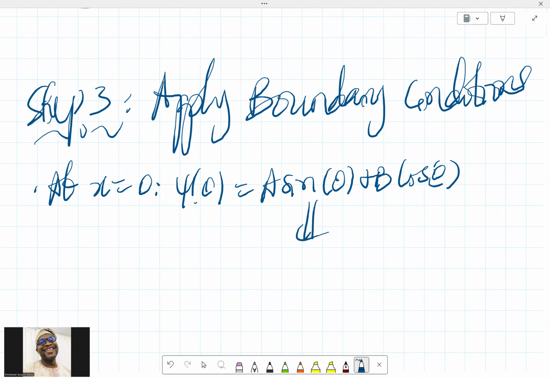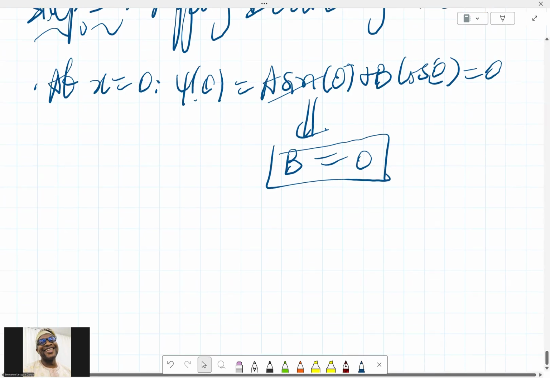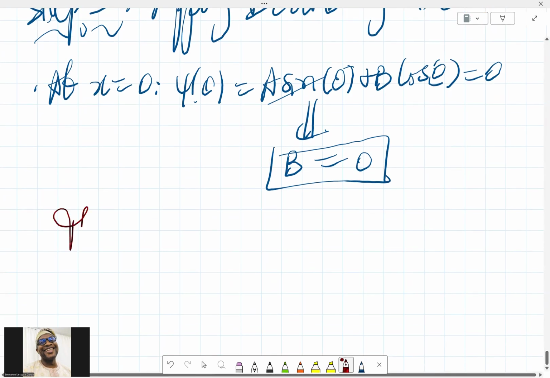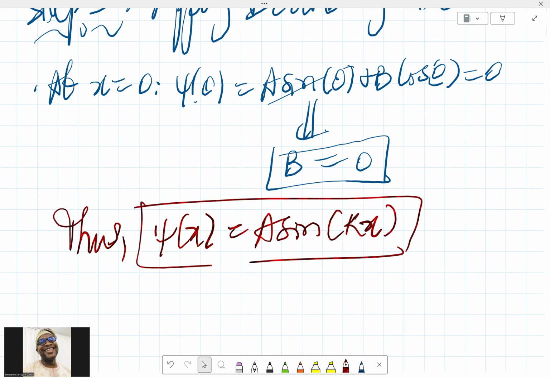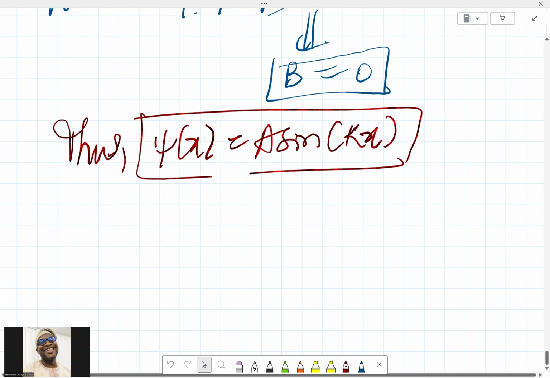That simply implies that the whole thing is equal to 0. Because the sine term is gone, we have B times 1, so B is just equal to 0. Thus psi of x is equal to A sin kx. That's a new state because B is gone. All right, so we go for the next one.